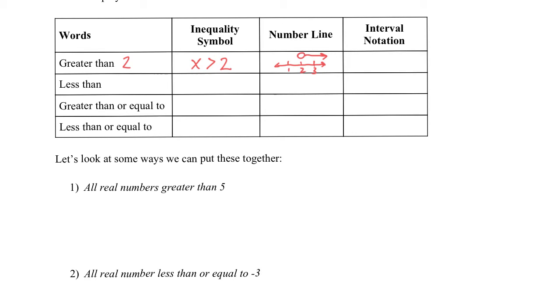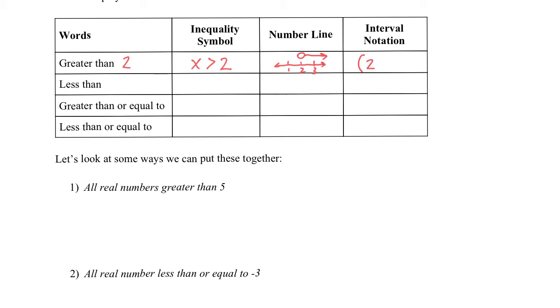And then for interval notation, the format is going to be a parenthesis or a bracket, the number that we're interested in, and then the infinity sign. For the symbol greater than, we're going to use a parenthesis, and we want numbers that are greater than 2.